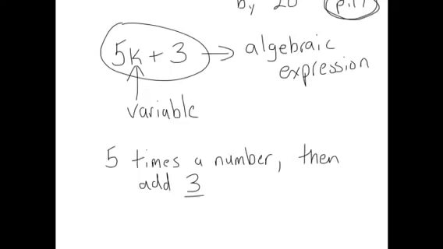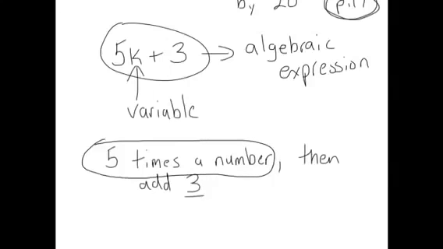It's important that when you read this, you do the timesing first, then you add the 3. You don't do it backwards, add the 3 first, and then do the timesing. So 5 times a number, and then add 3.